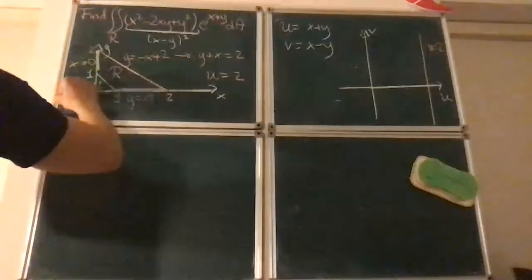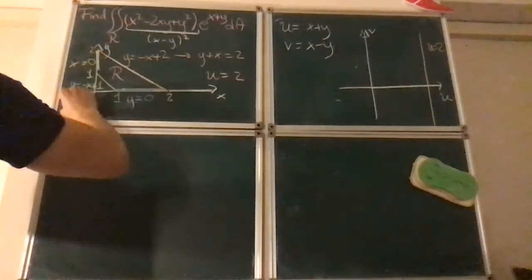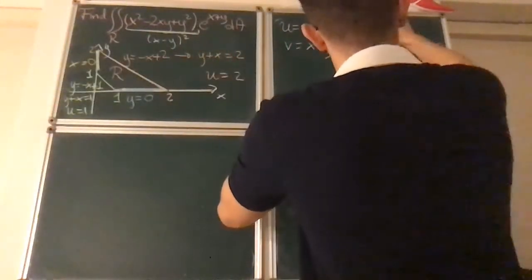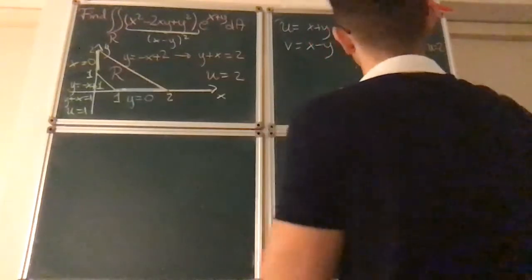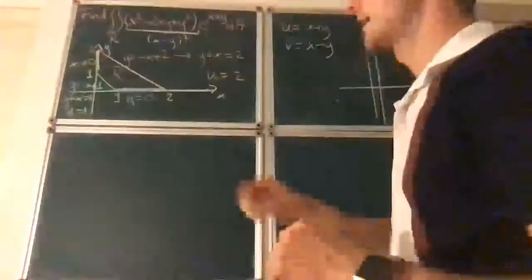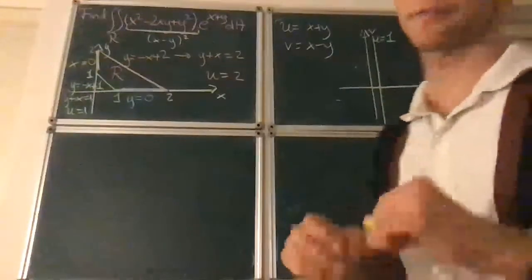This is the same as saying y plus x equals 1, or u equals 1. So you get here u equals 1. And then x equals 0, y equals 0. We have to finish figuring that out.